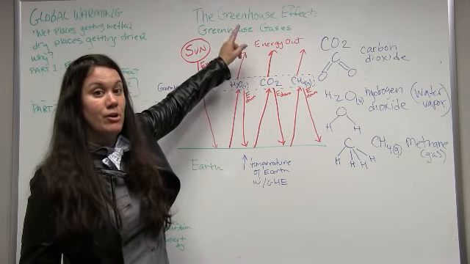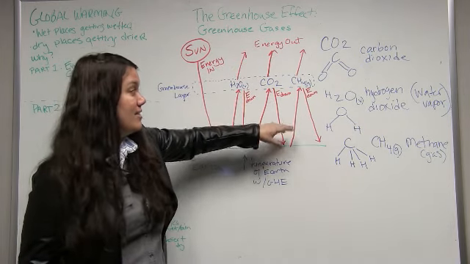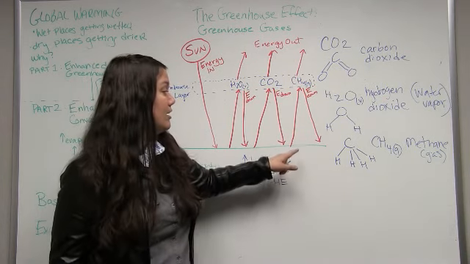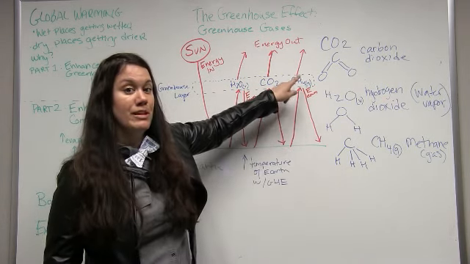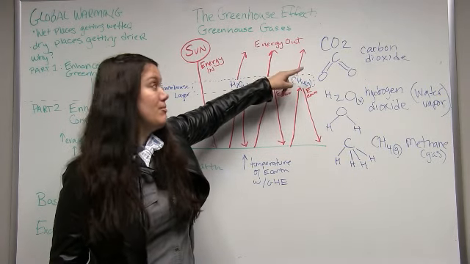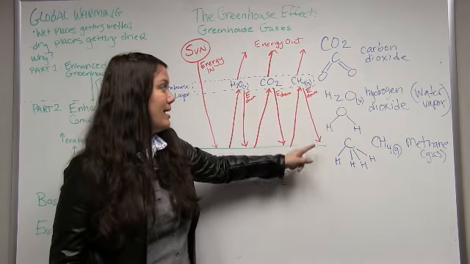Some of that energy will go up out to space, and some will come back down to Earth. And then the last example is our methane gas, CH4. So again, the energy released from the earth is absorbed by that methane gas, and some of the energy goes out to space, and some of the energy comes back down.